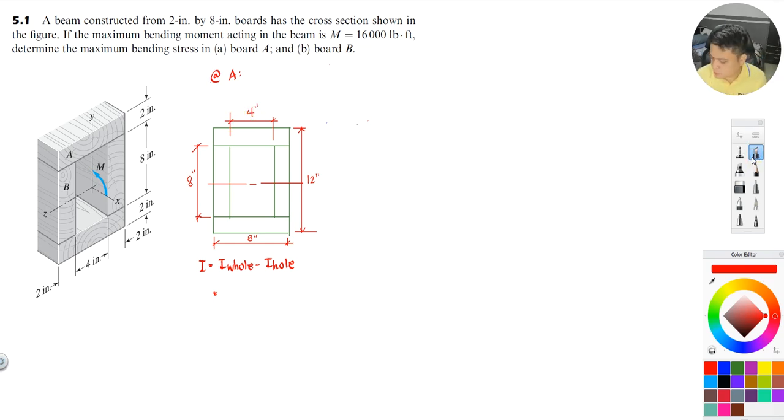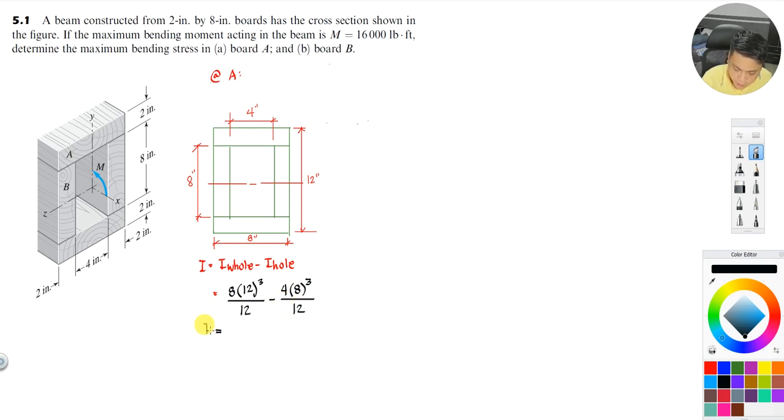Okay. So we could have it as the whole, which is bh cubed all over 12, and then minus ng hole, bh cubed all over 12.